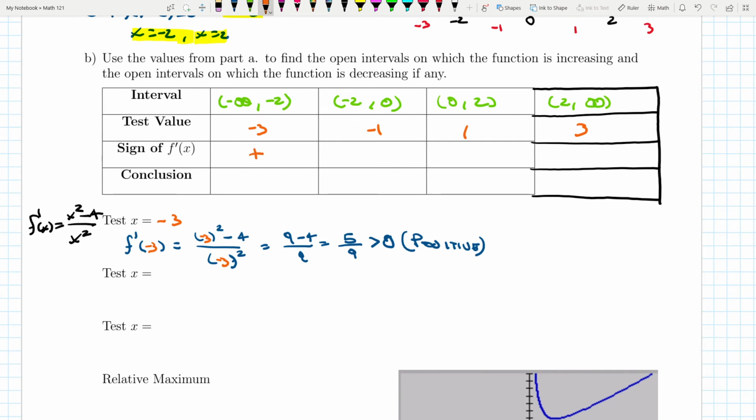Let's test x equals 0 on the derivative. f prime evaluated at 0 will be 0 squared minus 4 over 0 squared.